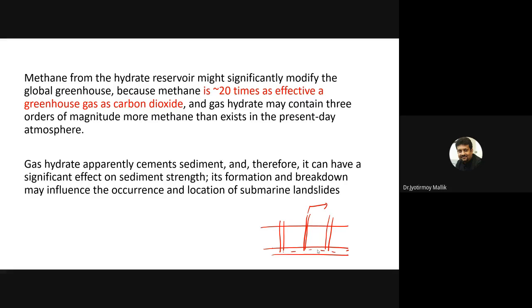If we take the fire question out of the box, say for the sake of argument there is no fire, and that methane gas is released in the atmosphere, forget about its toxicity and everything, it will change the complete scenario of the global greenhouse, because methane is almost 20 times as effective a greenhouse gas as carbon dioxide. Because of their natural occurrence, it is very difficult to exploit clathrates in a controlled way.